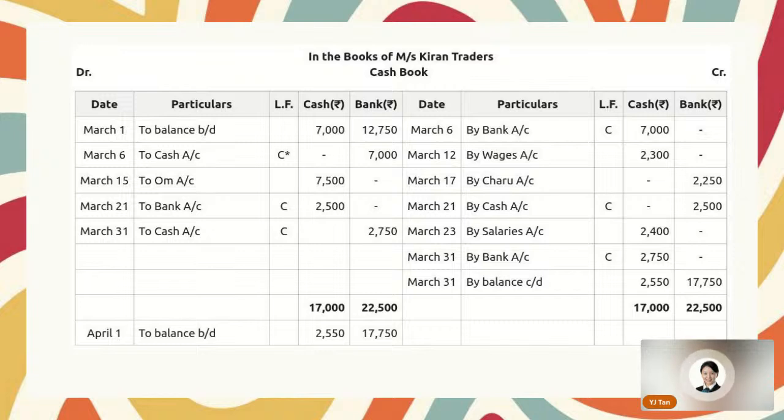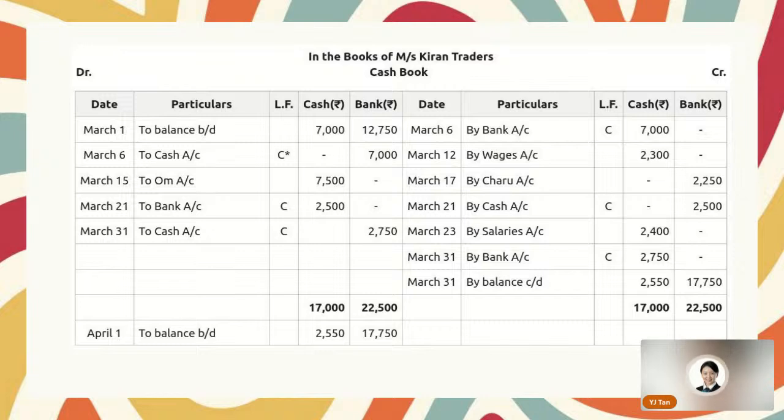And then continuing, on the 23rd, salary, that means paying salary using cash, 2,004. And then on 31st of March, the last day of the month, there is an increase of 2,750 in the bank. And then there is a decrease of cash, 2,750 from the cash in hand.